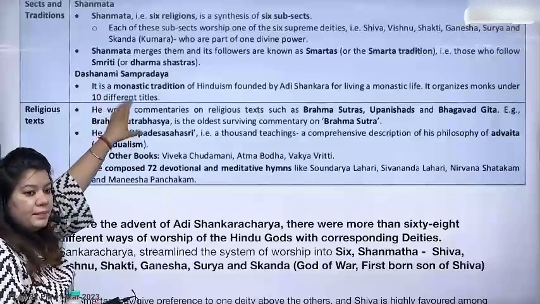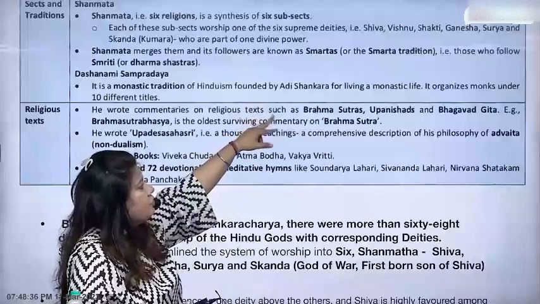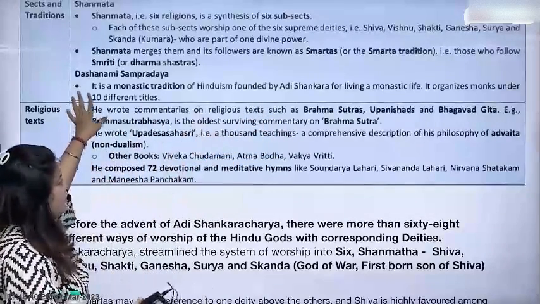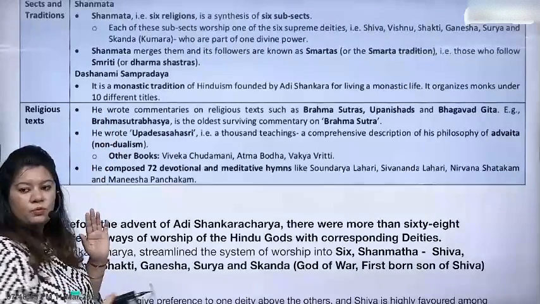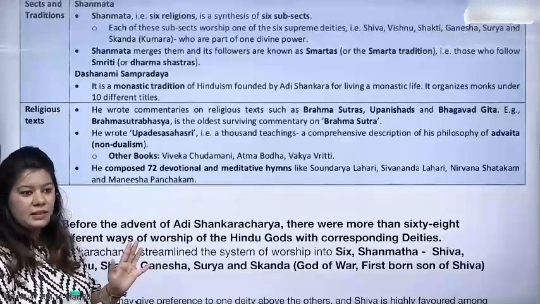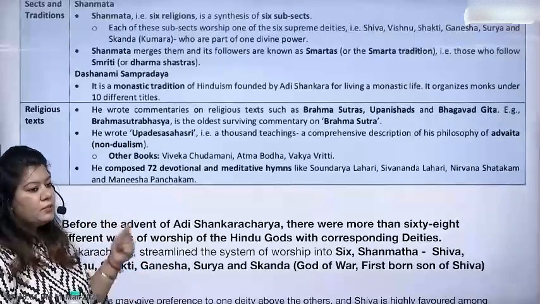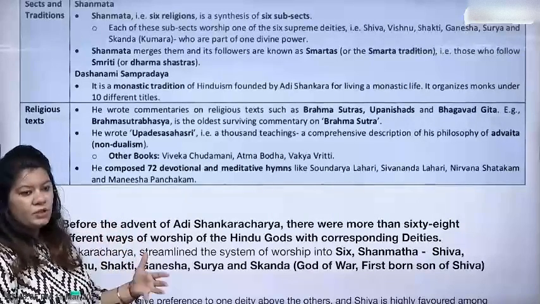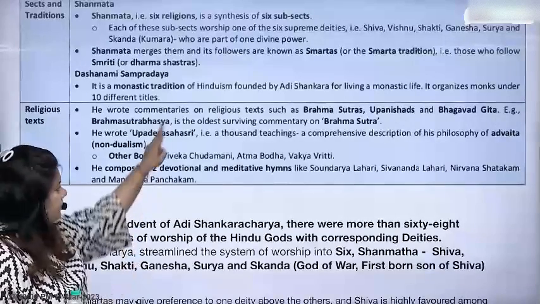Now this Shanmat consists of worshipping of Shiva, Vishnu, Shakti, Ganesh, Surya and Skand. ठीक है? आ गया समझ में? So earlier we used to worship 68 forms of deities. After the advent of Sri Shankaracharya, this was concised in the form of Shanmat religion, where the followers used to worship only 6 forms of gods.